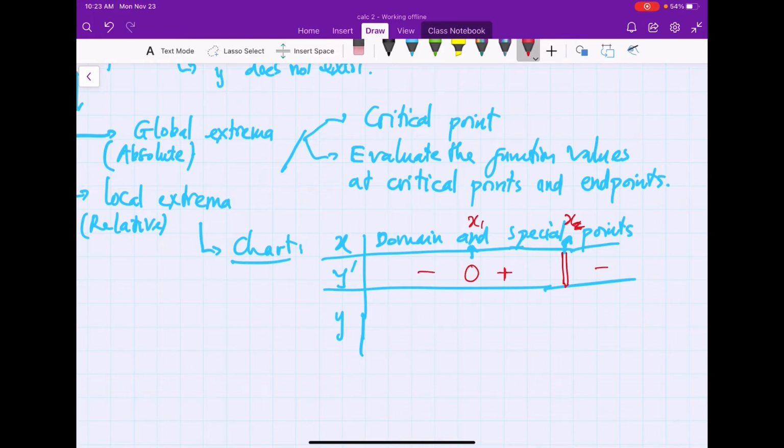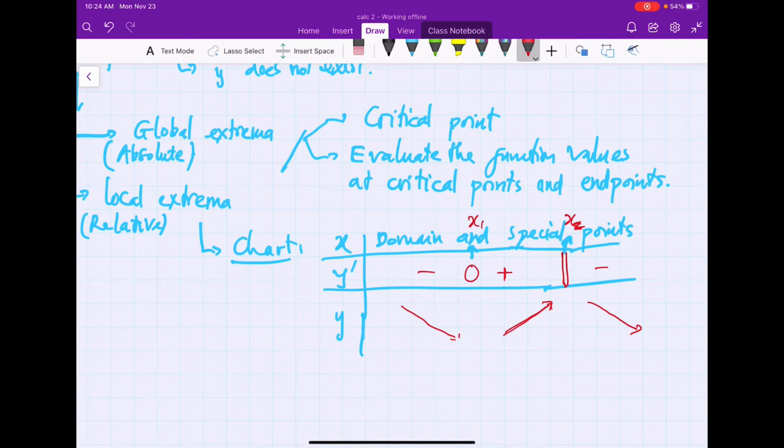Suppose that we have negative, positive, negative. We know that when the first derivative is negative, the function is decreasing, right? And then when the first derivative is greater than 0, the function is increasing, and then when the first derivative is less than 0, the function is decreasing again.